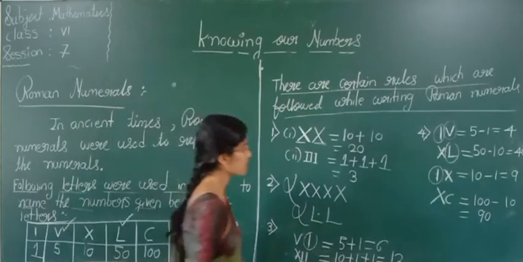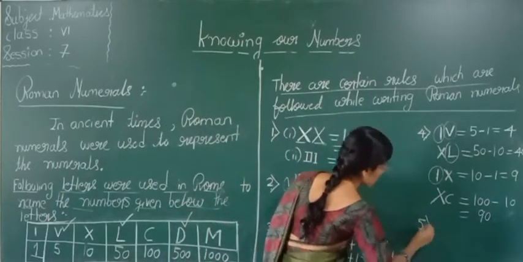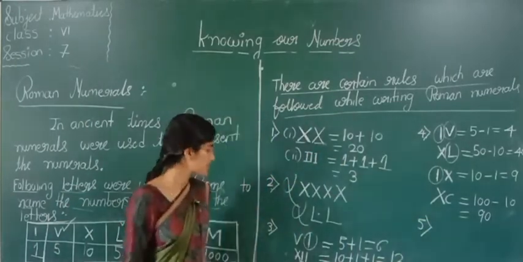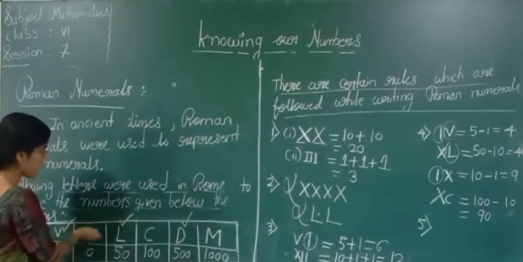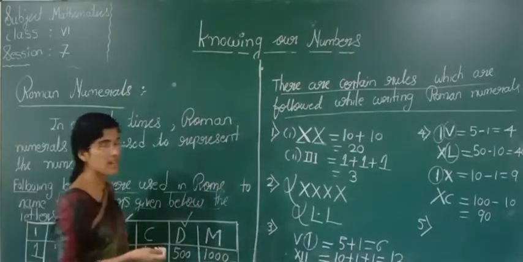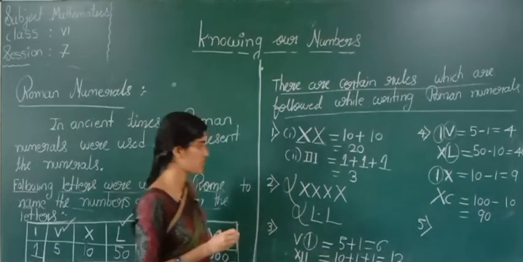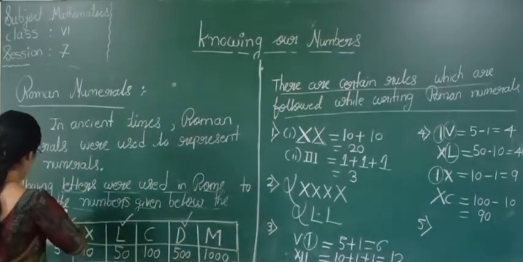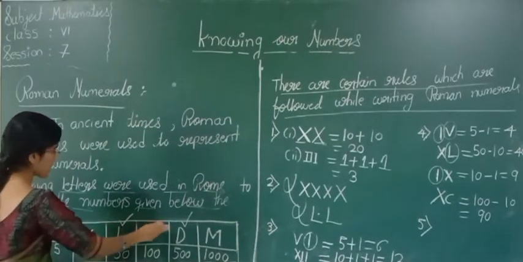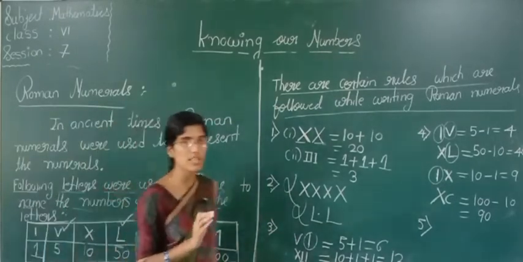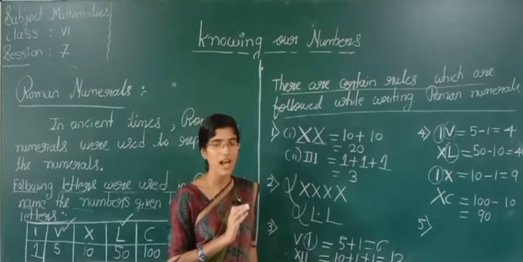Again see here, the fifth rule tells us that the symbols V, L and D are never subtracted. What we can tell? The symbols V, L and D are never written to the left of a larger symbol.